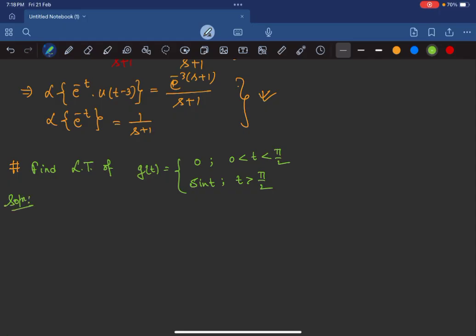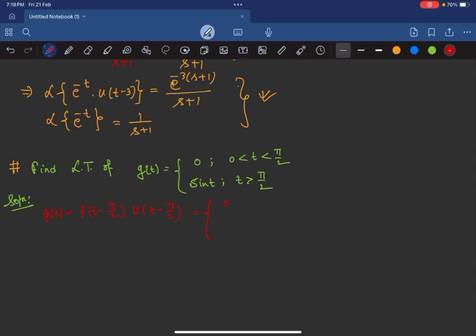If we go for the solution, first you can write this function g(t) in this form, that is f(t - pi by 2) multiplied with u(t - pi by 2).